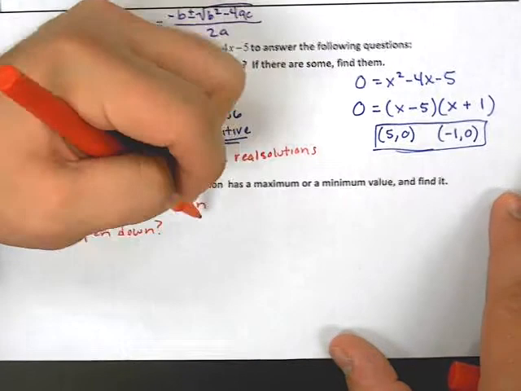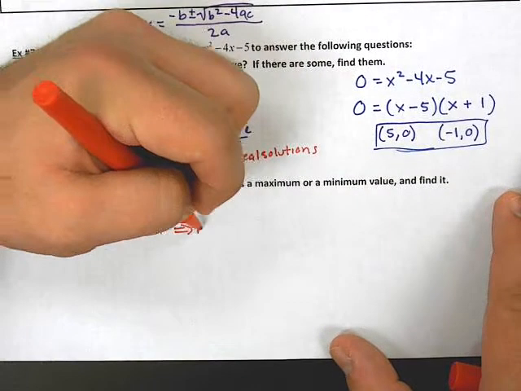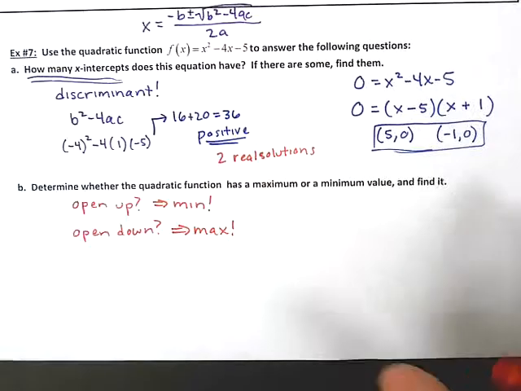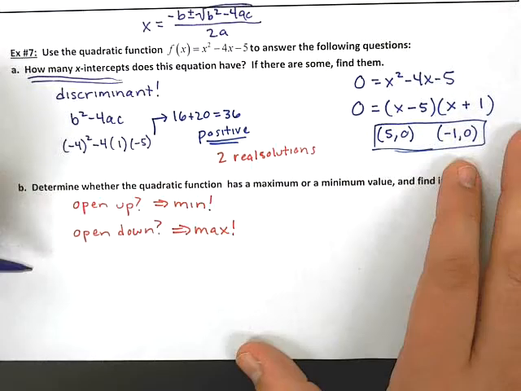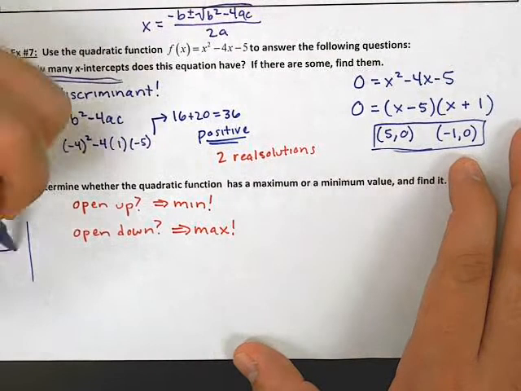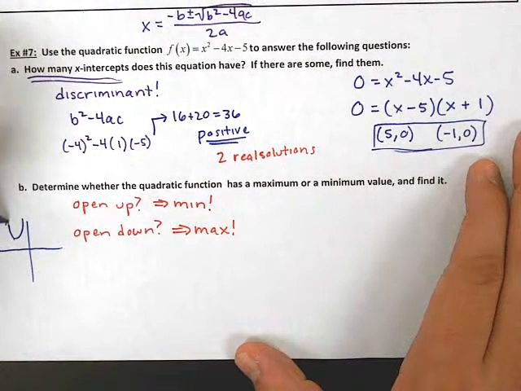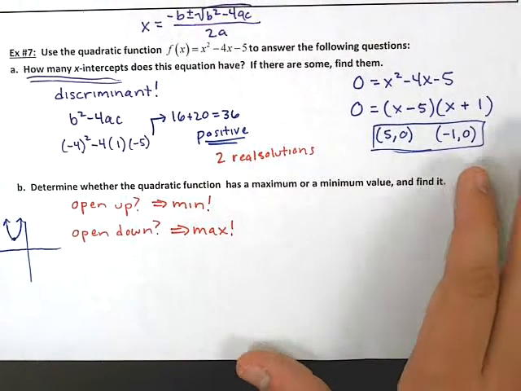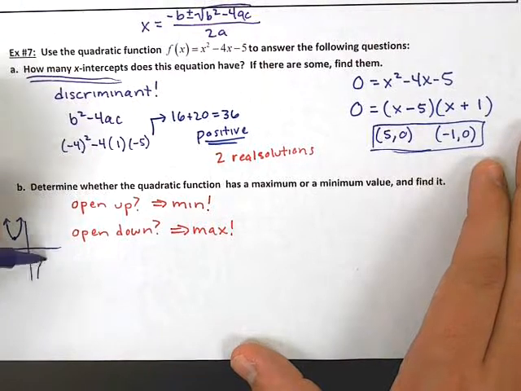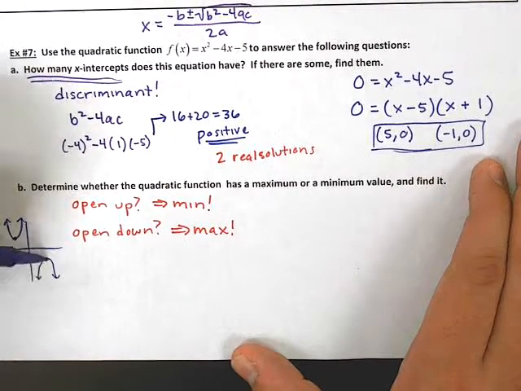If it opens down, you have to have a max. Think about that. If I sketched any single parabola that I graph, if it opens up, it's always going to have a minimum. Or if I do a parabola that opens down, it's always going to have a max.